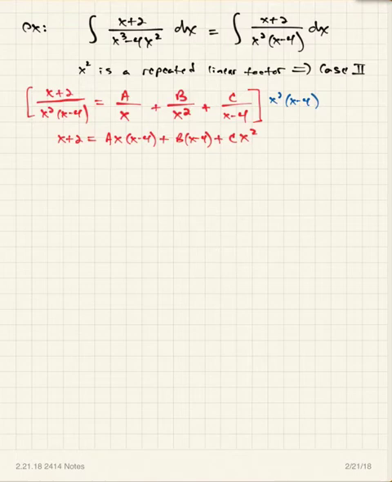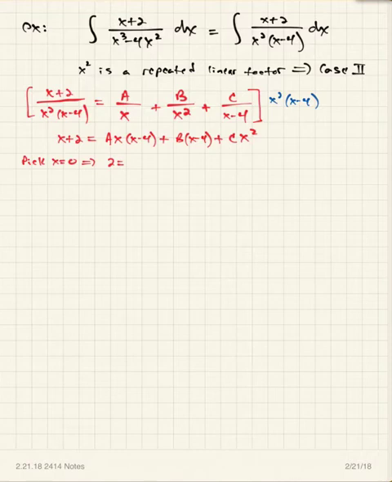And so now what we're going to do is pick x values. We're going to use that approach here. There are some pretty obvious x values to pick here. We first of all pick x equals 0. By the way, x equals 0 frequently is a good number to pick, even if it doesn't make some of the factors equal to 0, because it makes the arithmetic so nice. So when you pick x equals 0, you get 2 equals, the first term is 0, because there's an x in there.